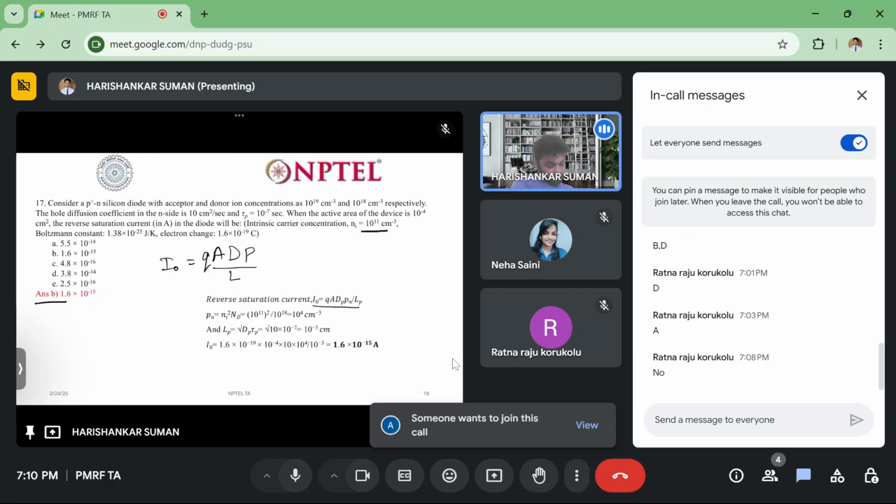So here is the highly doped p-side. So hole saturation is due to the majority charge, here it will be holes. Please see the solution.